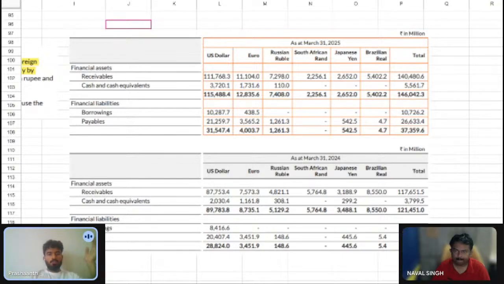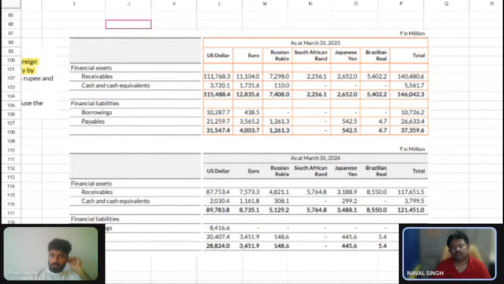So in US dollars, they are so and so, in euro, they are so and so, and that is compared against their 2024 outstanding for that. So we definitely see that they increased their liabilities and assets in US dollar. So this is their receivables.